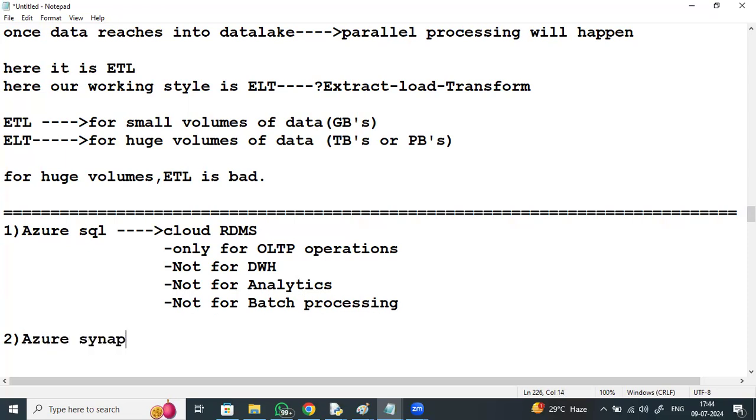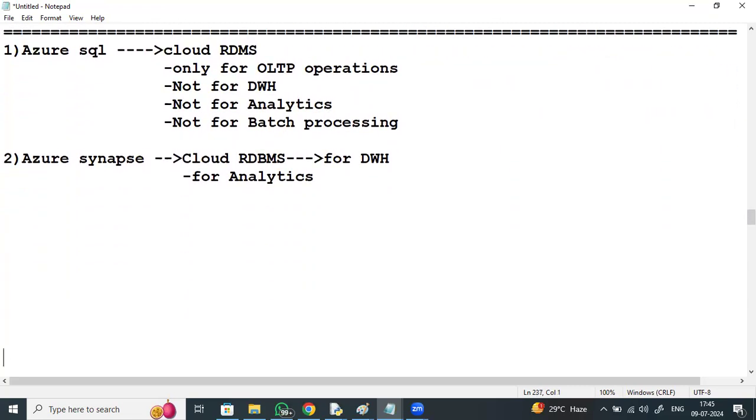Azure Synapse. Azure Synapse and Azure SQL, it is also a cloud DBMS, for data warehouse, for analytics, for batch processing, parallel processing.